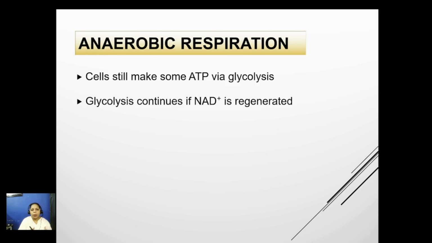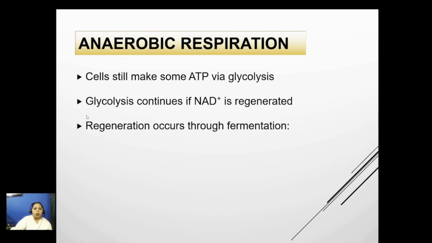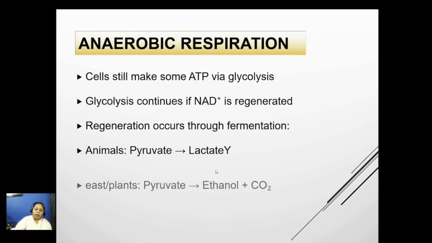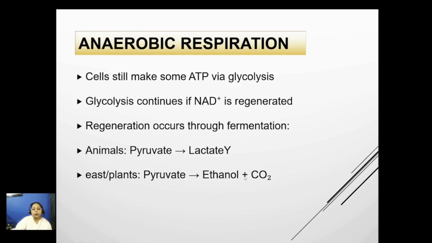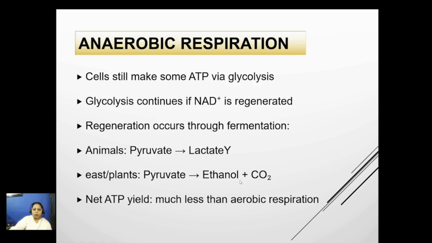So when we talk about anaerobic respiration, the pyruvate is going to convert into ethanol or lactic acid or lactate. The regeneration occurs through fermentation. Animals produce lactate while yeast and plants produce ethanol and carbon dioxide. So, much less ATP compared to aerobic respiration.